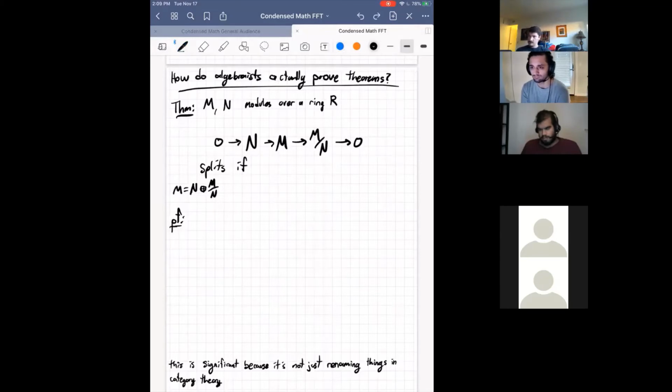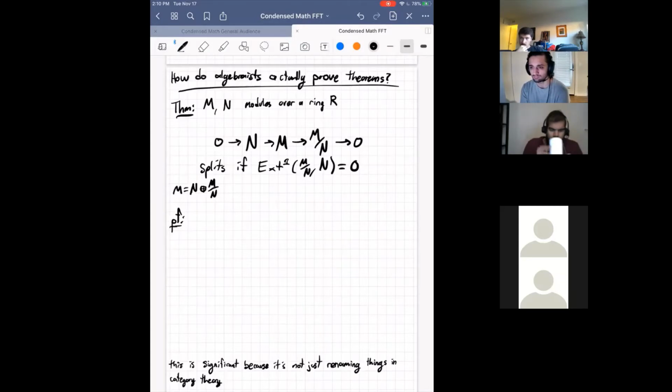So it's going to split if this Ext group, Ext of M over N with N, equals 0.